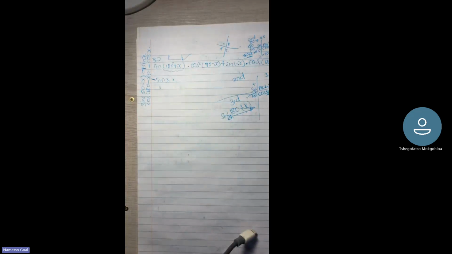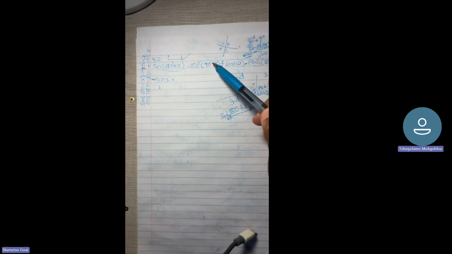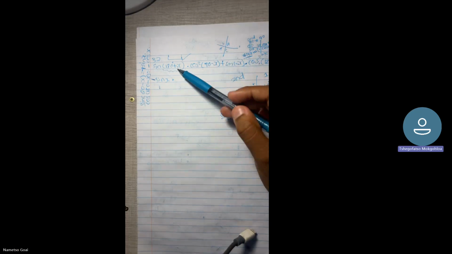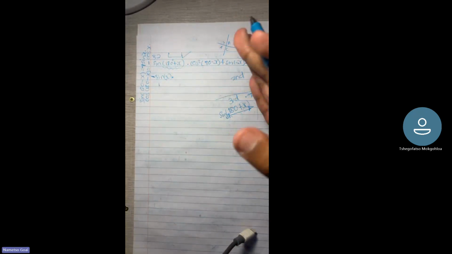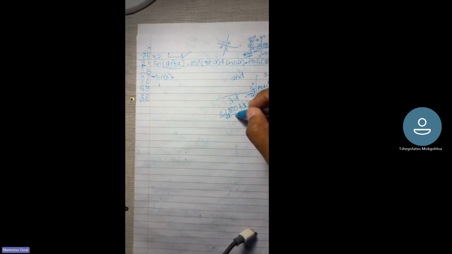The 180 is just there to direct us, basically to take us to where on the Cartesian plane our sine is going to be, right?